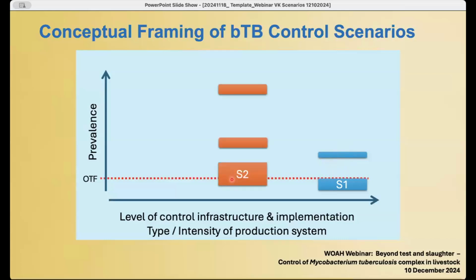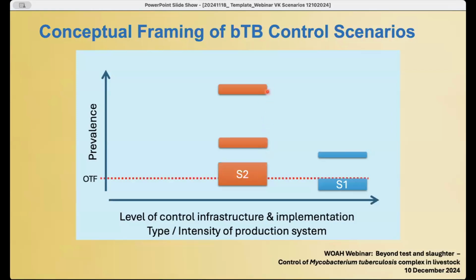Scenario two guidelines that we put together are for countries in which there's an emerging infrastructure. In particular, we're looking for countries in which we're seeing intensification occurring, that there is some level of control implemented but it's variable, and that the veterinary services are pretty good.